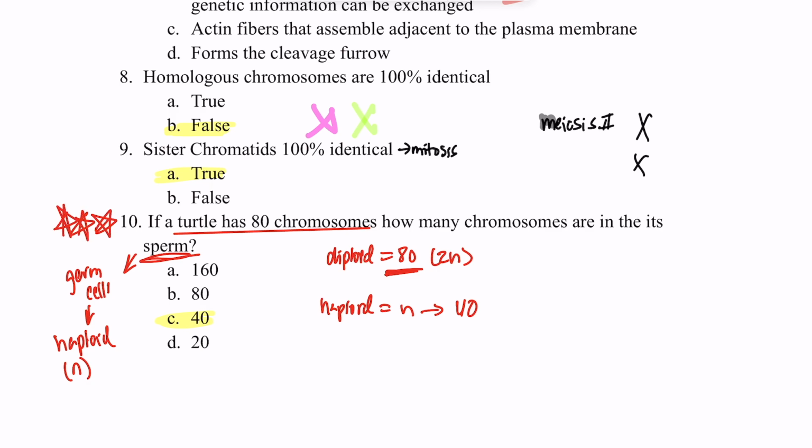This is just trying to give you an application question of, do you know what the difference between your diploid and your haploid cells are? Your somatic versus your germ cells. That's what this question is an application of.